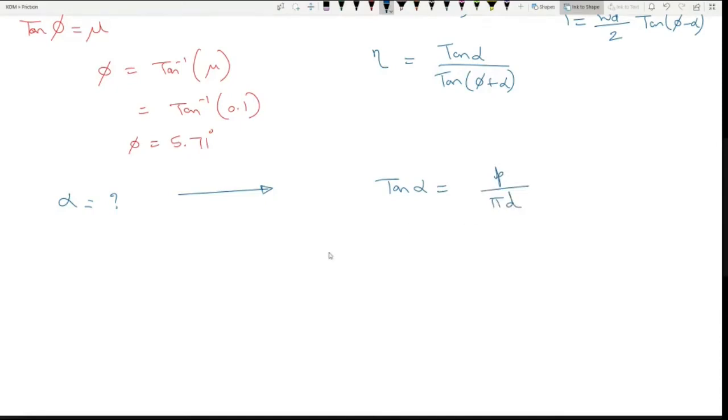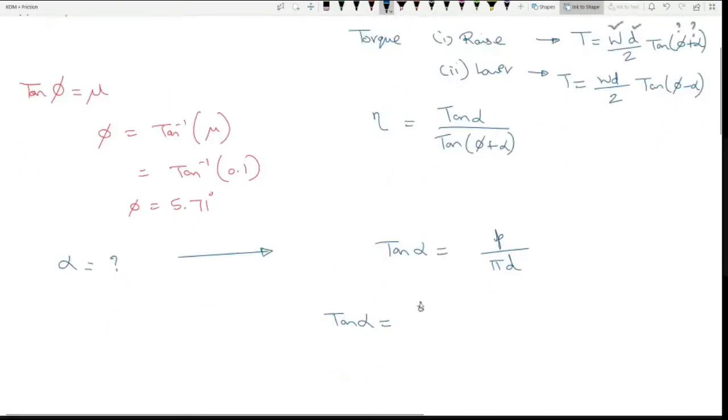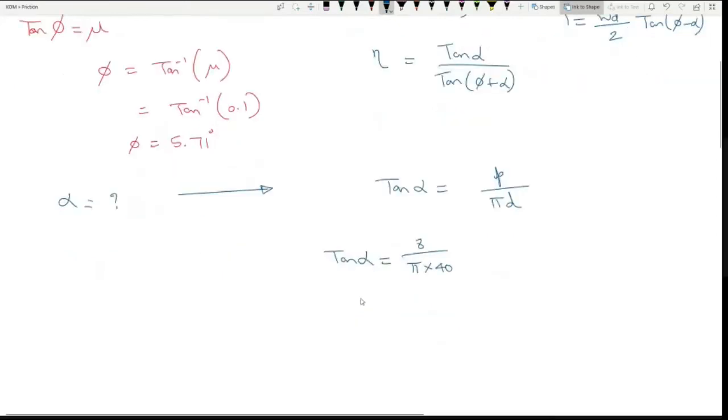P we know, which is 8, divided by pi into D, where D is 40. So what is alpha then? Alpha is tan inverse of that, which is 3.644 degrees. So now we got the values.